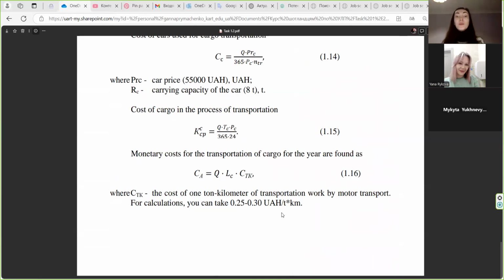I propose to give a bigger meaning to these parameters because it is information from previous years, and I think for today it will be bigger. So 0.30, I think it will be better for this position. Hryvnias per 1 ton-kilometer, multiplied by 0.30 for every variant at the end. And write is equal to, calculate it, and leave two digits after the comma. The result will be in hryvnias.